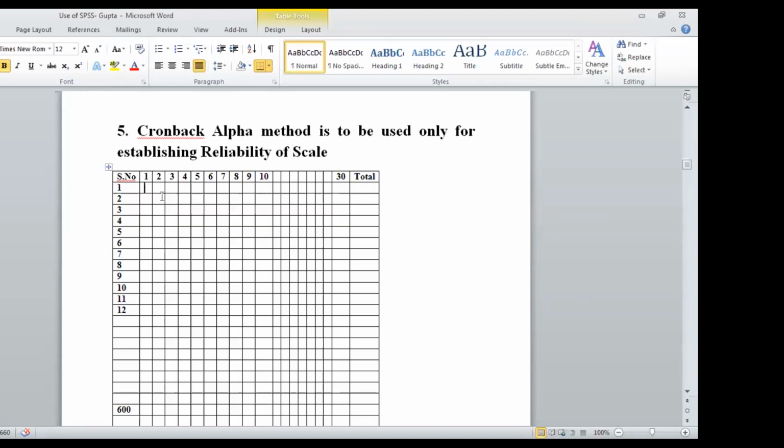So the first person may have a score of 4, and another person may have a score of 2, maybe 3, maybe 1, maybe 4, maybe 5, maybe 2, maybe 3, maybe 4, 2, 2, 3, like this.